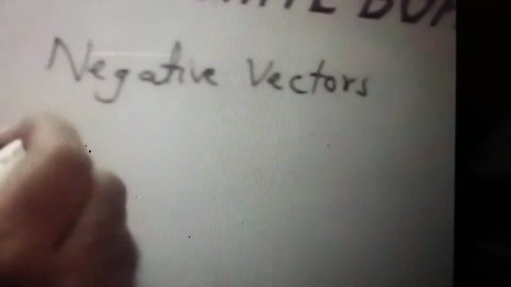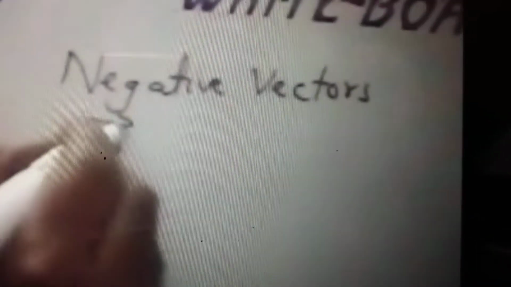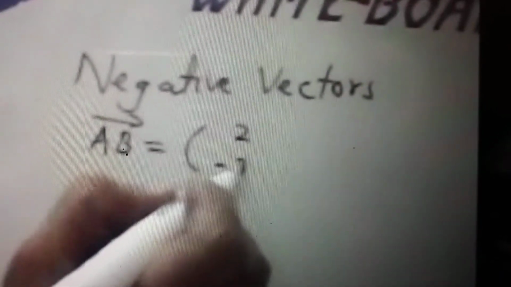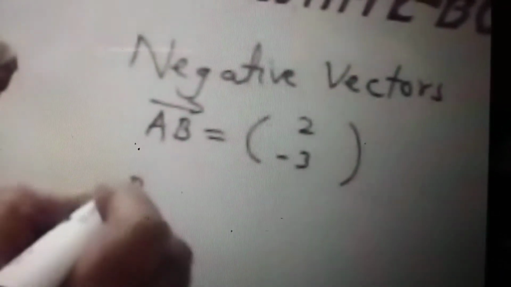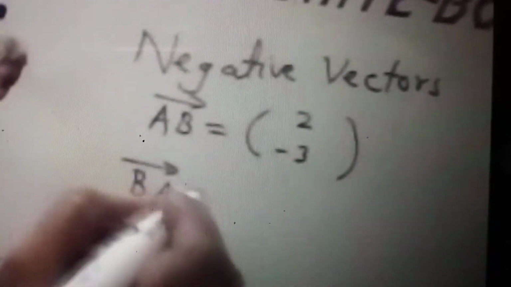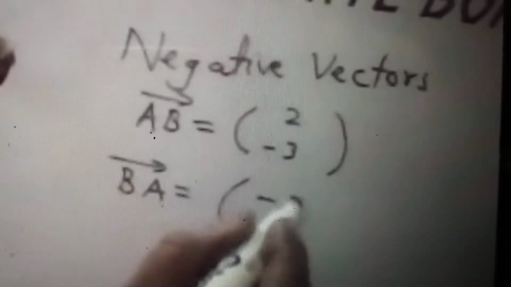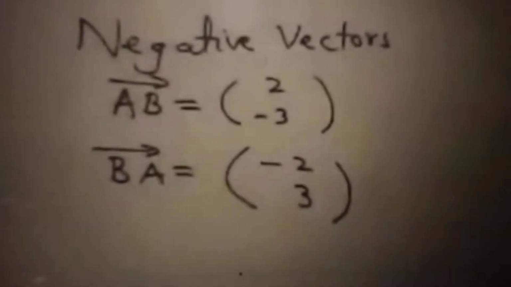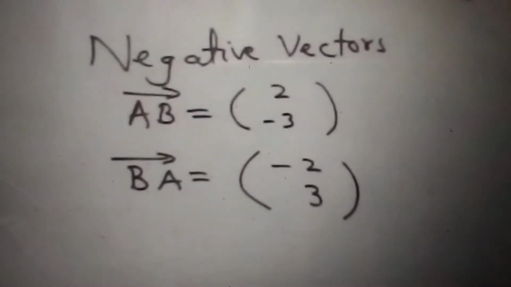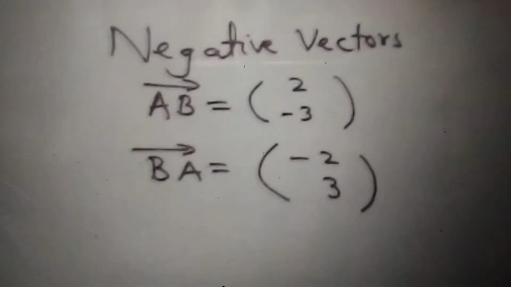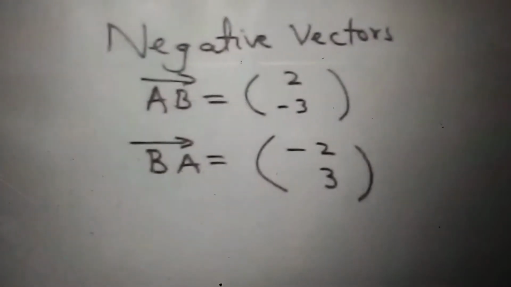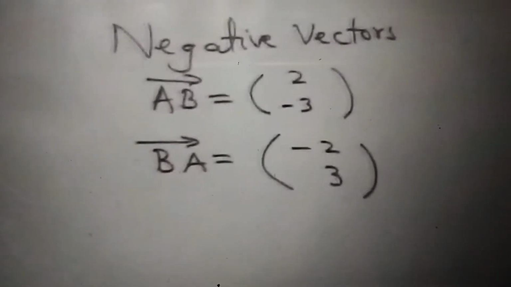For example, if vector AB is given to you as 2, -3, then if I want to write vector BA, I will change its sign, so it becomes -2 and positive 3. So in the case of negative vectors, the direction is changed, and of course, the signs are changed as well.